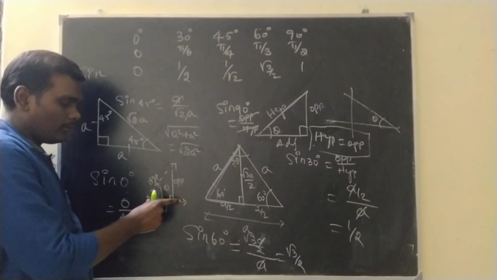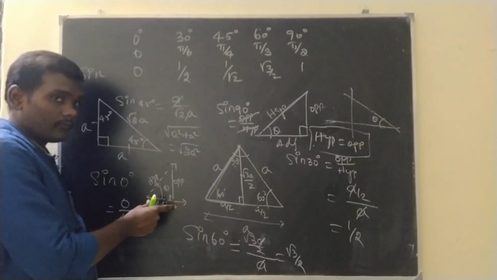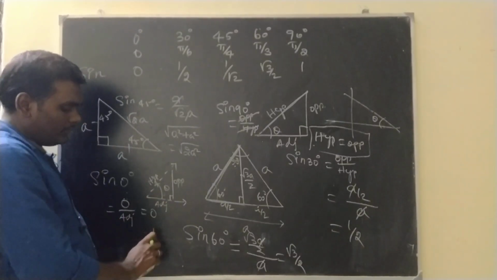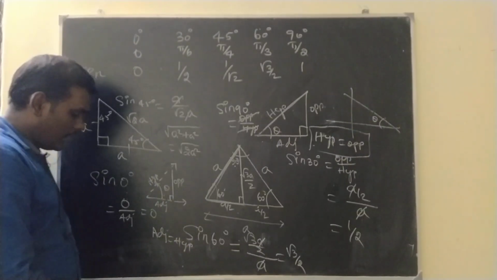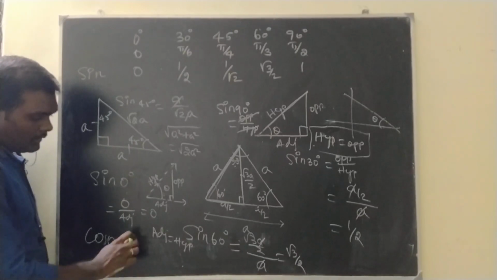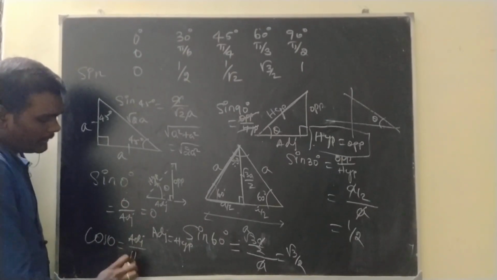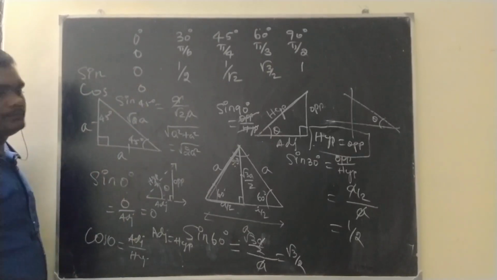This hypotenuse collides with the adjacent side, or not? Then we have adjacent side equals hypotenuse. Then cos 0 is what? Cos 0 is adjacent by hypotenuse. So our cos 0 is 0.